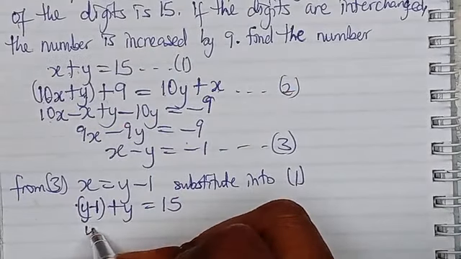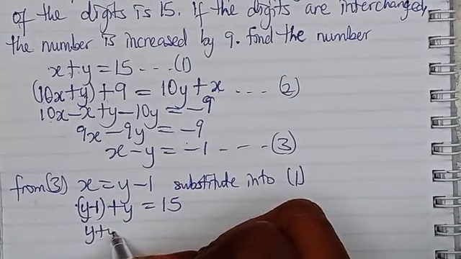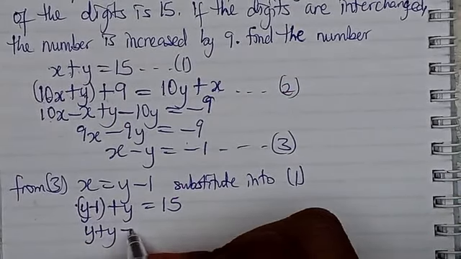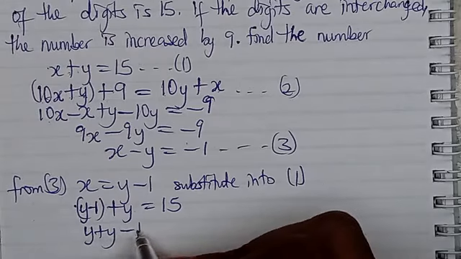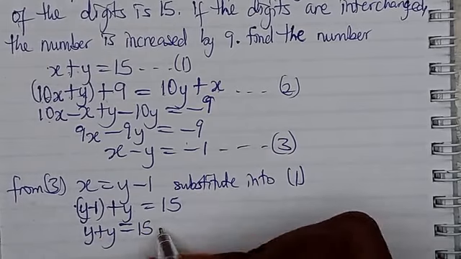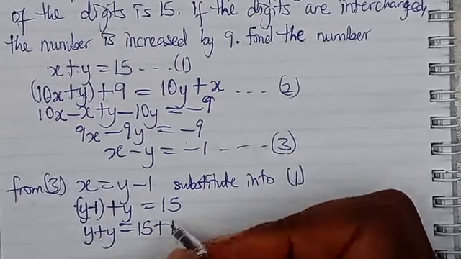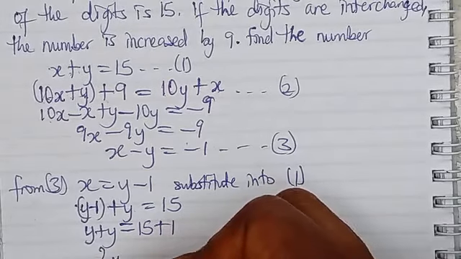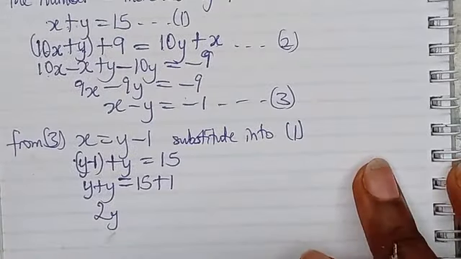We open brackets: y plus y minus 1. Let's send the minus 1 across. So it's equal to 15, which is already here, and minus 1 crosses over to be plus 1. We have that 2y is equal to 16.